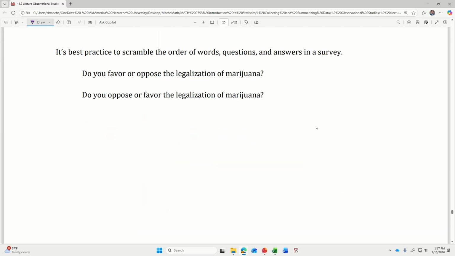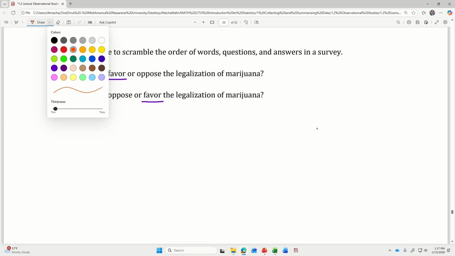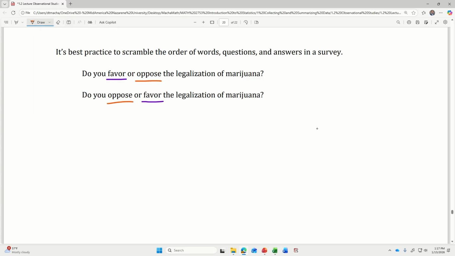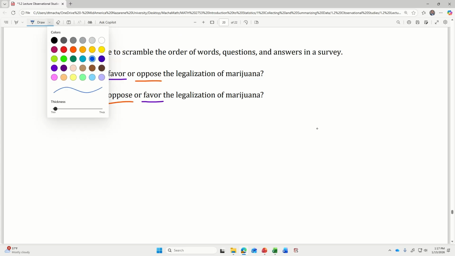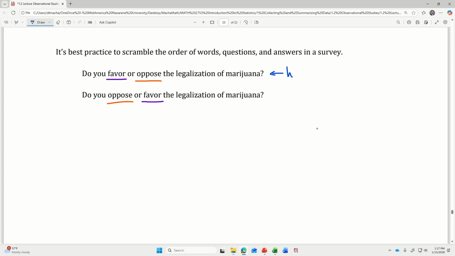There's another level of nuance to this, which is to say, when you're asking this question, half of your respondents should get this question, and this is the question that the other half should get.